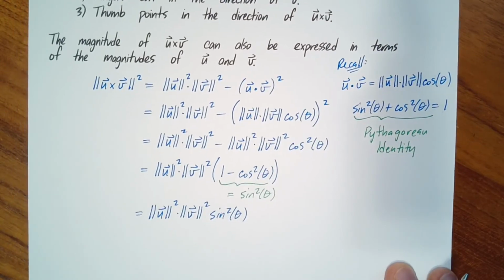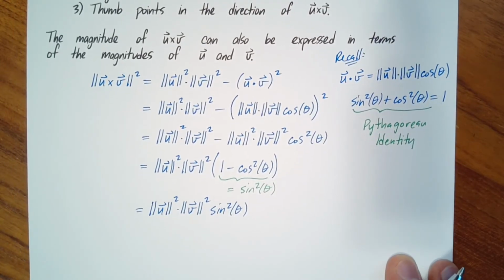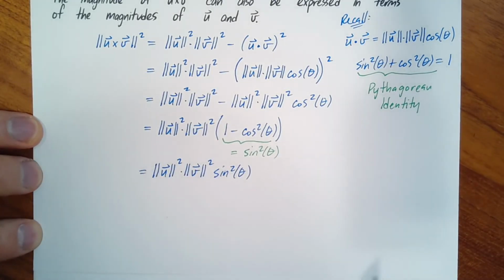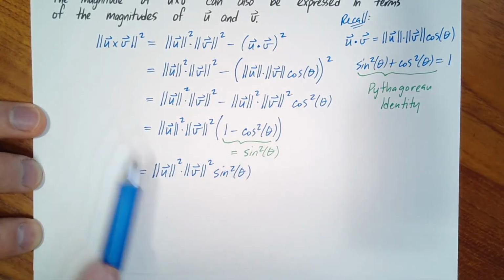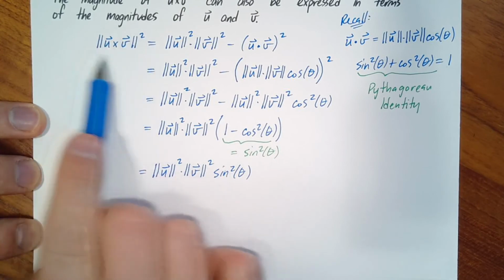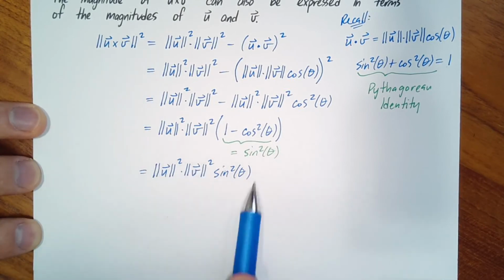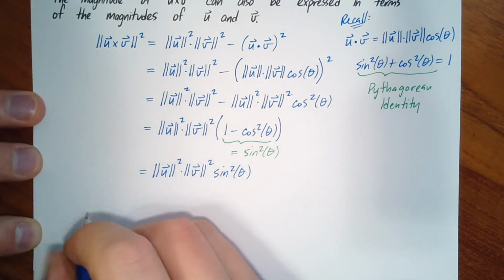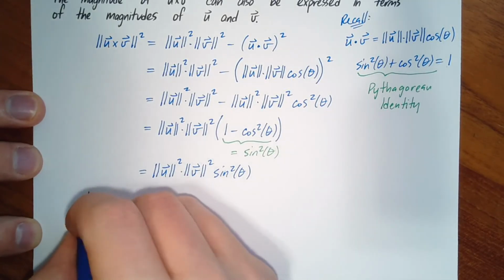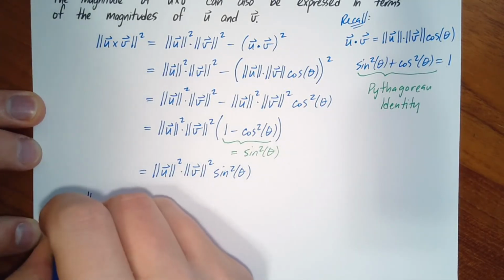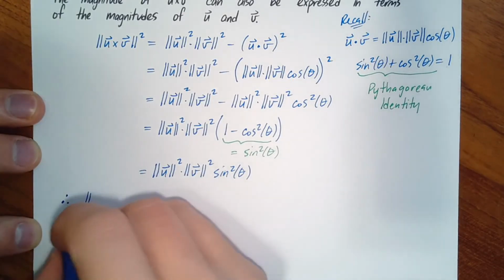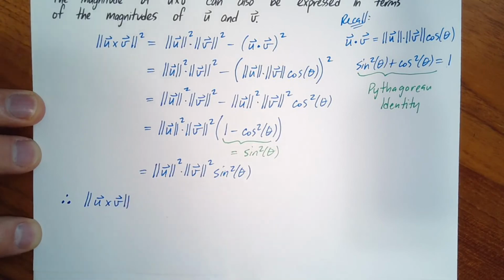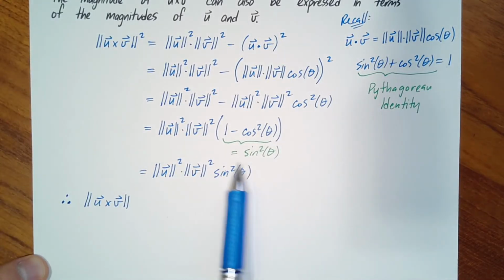And we're almost done now, because if we take the square root of both sides, using the fact that this expression is now equal to this expression, we get the length. Therefore, the length of u cross v is really just equal to the square root of this expression.